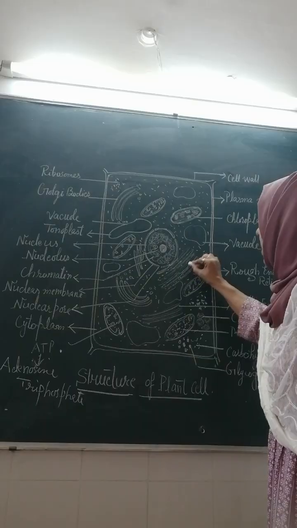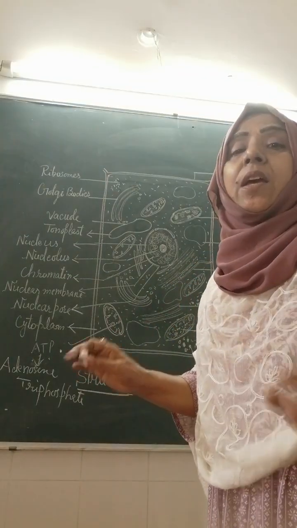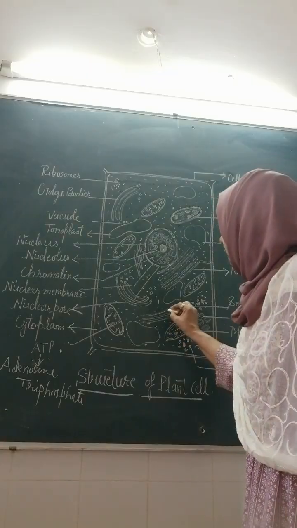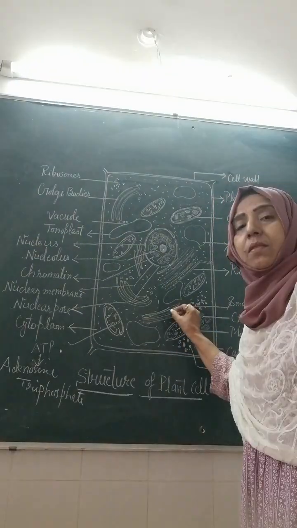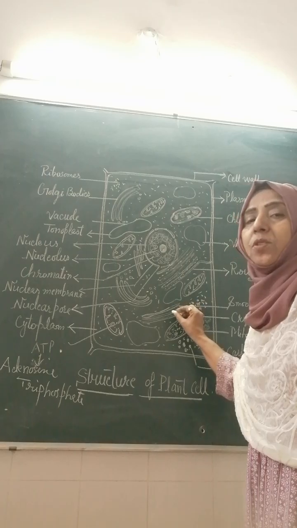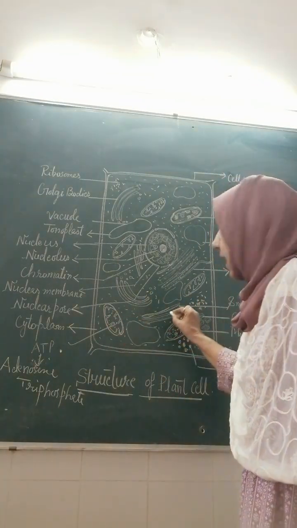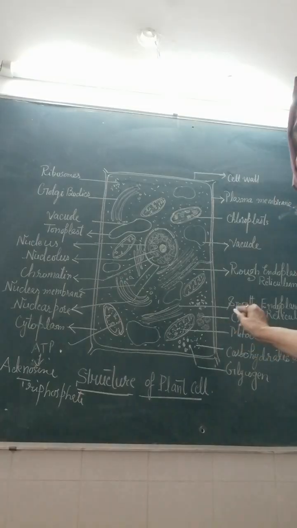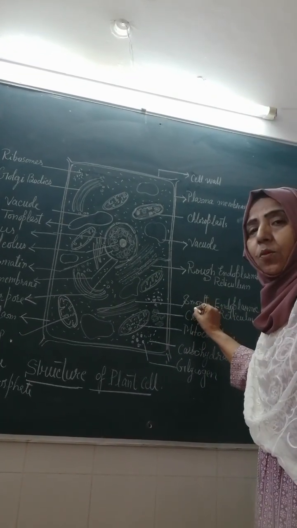When these tubular structures are smooth, they don't have any dot-like structures or ribosomes attached on their walls. When there is absence of ribosomes on their walls, they are called smooth endoplasmic reticulum.